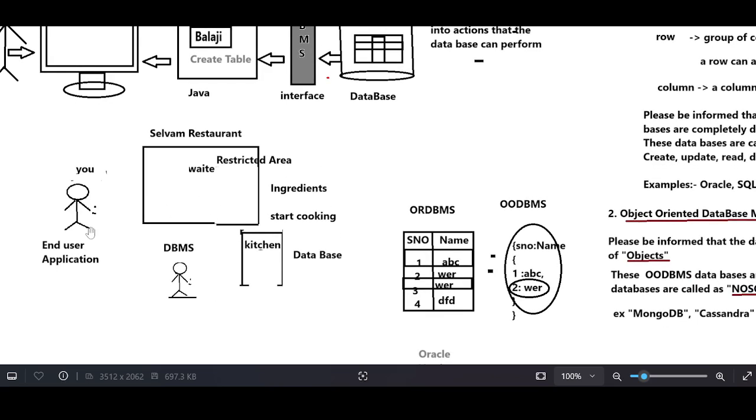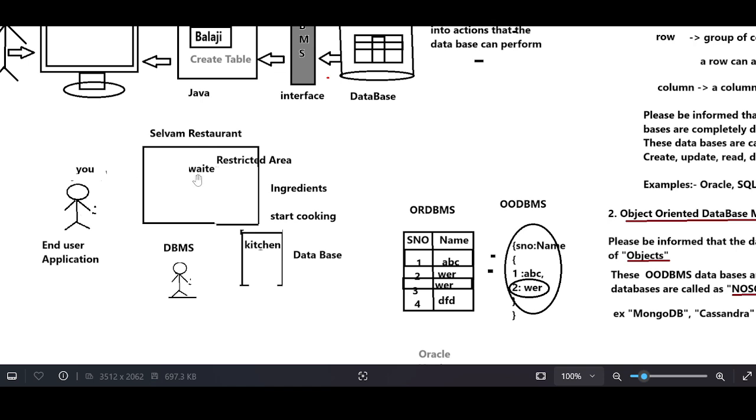We have seen that with the restaurant example. If you go as a customer, the customer is a user, right? And the waiter is just like the DBMS.